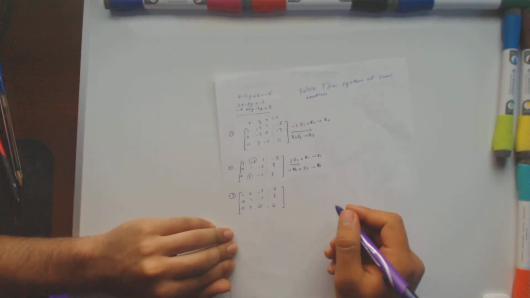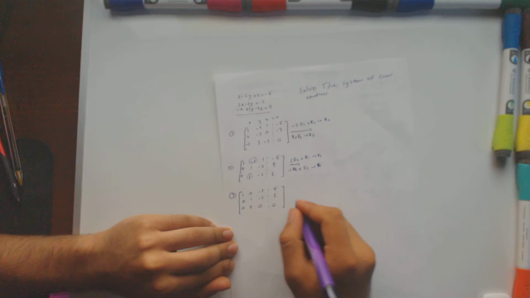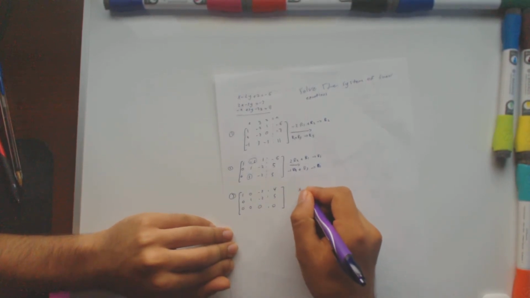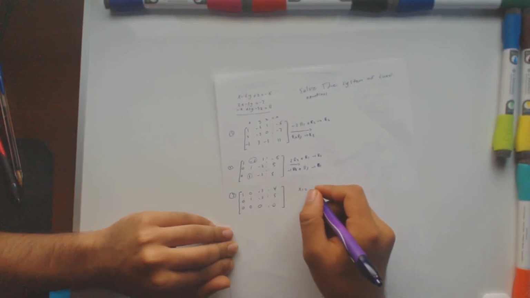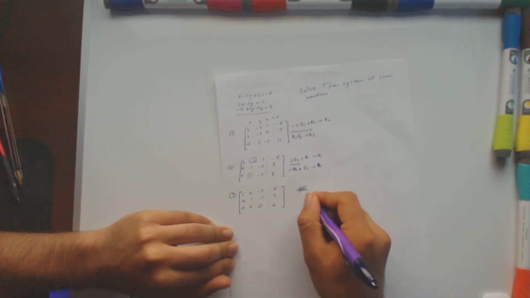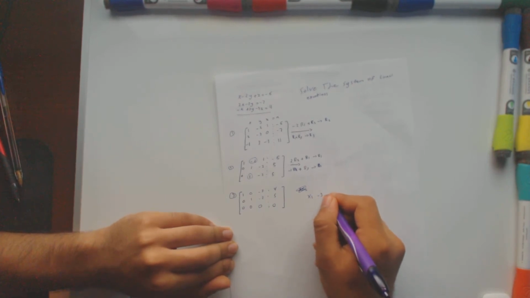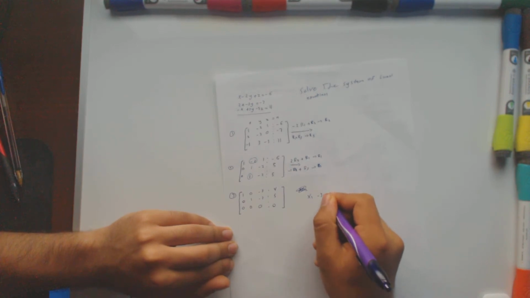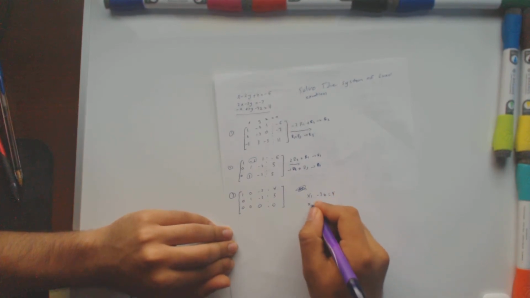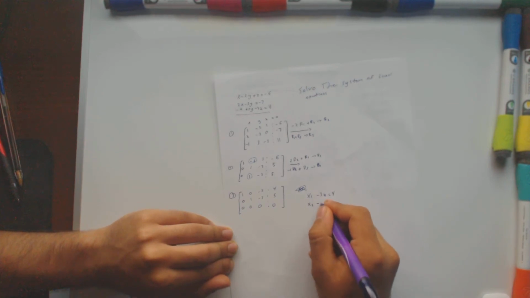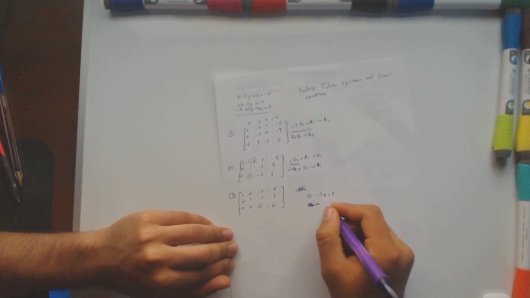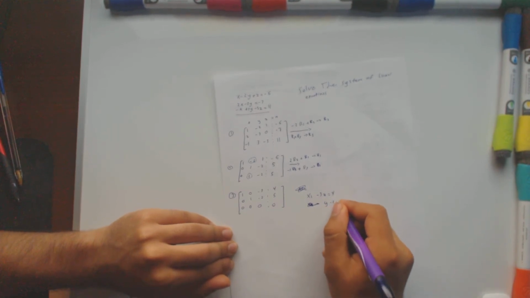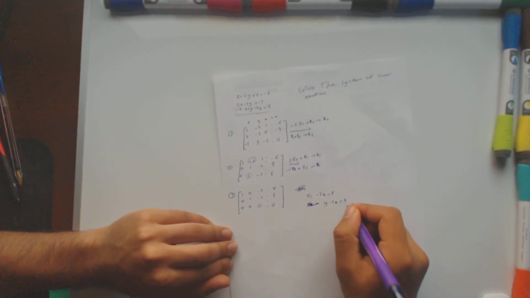So we can solve this problem by saying that x1 minus 3z is equal to 4, and x2 minus 2z, that is y minus 2z, is equal to 5.